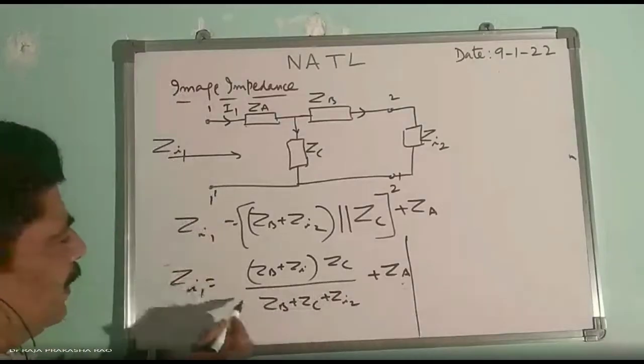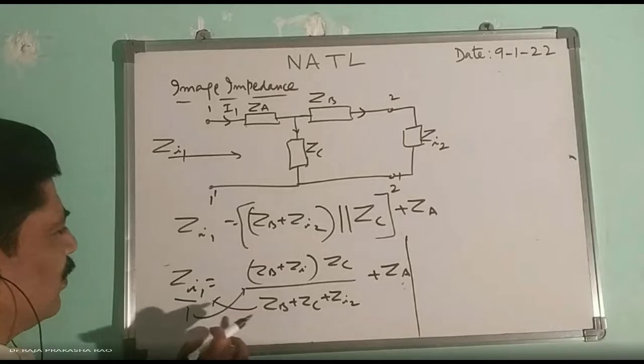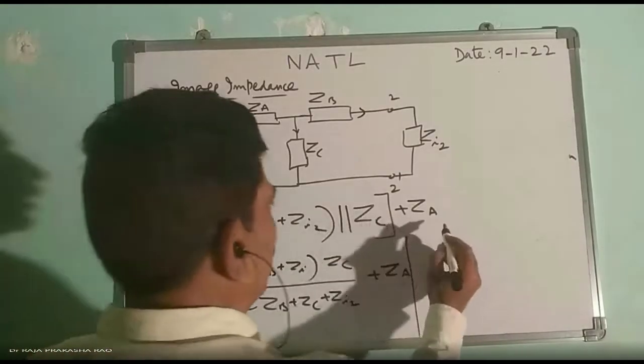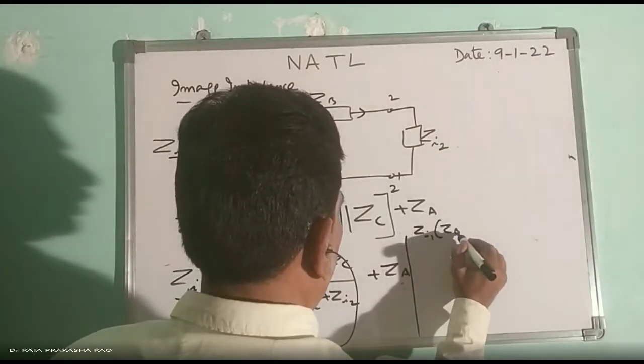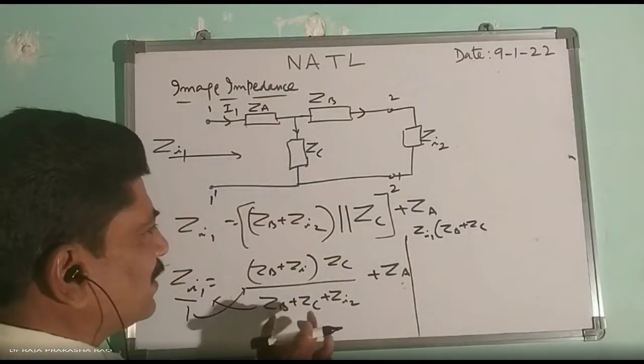Now cross multiplying by 1, let us say. So 1 into RHS and this denominator multiply with the LHS. Then you will get ZI1 into ZB plus ZC. I am considering these two terms, ZB and ZC.